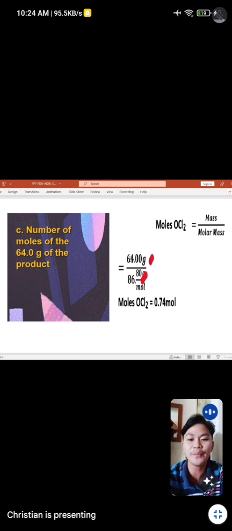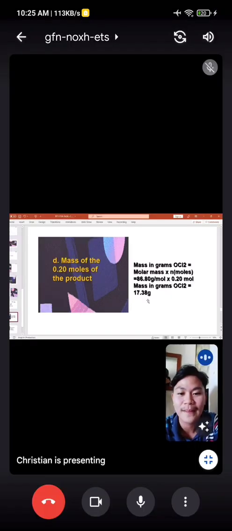So 64.00 grams over 86.90 grams per mole. So in this process, we were able to divide the mass, and get 0.74 moles of the product.